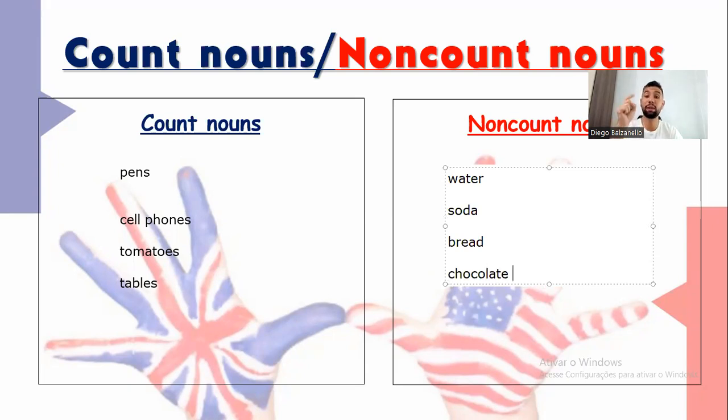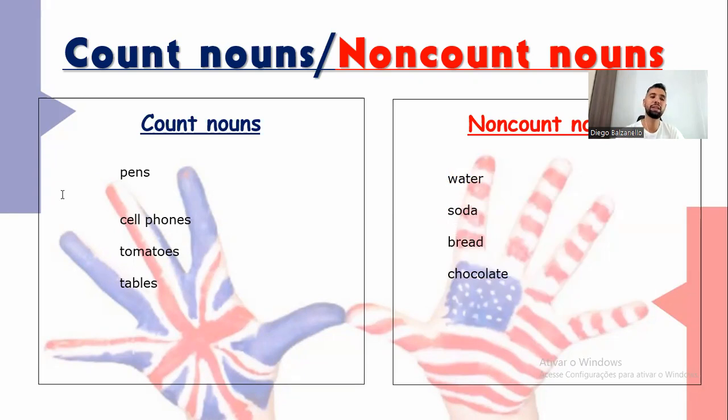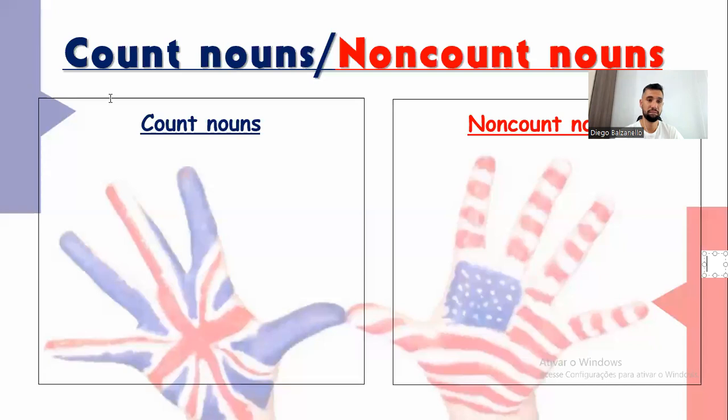We can count the bars of chocolate, a chocolate bar, but the chocolate is uncountable. Here are some things that we can count and we cannot count. Let's go to the next.